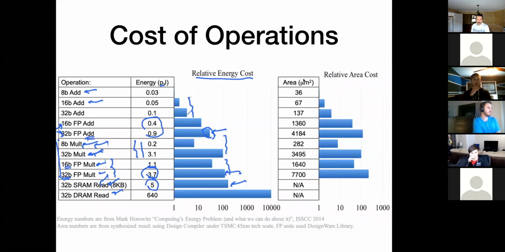Even in SRAM, which is basically on-chip memory, compared with off-chip memory, DRAM, you see that off-chip memory is the most expensive operation that you can do. So anything that goes beyond your chip is very expensive, and compared to the other ones it is several orders of magnitude higher, right? You already see this difference: 2 orders of magnitude higher, even comparing with this on-chip type of operation.